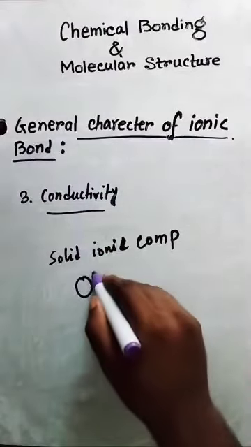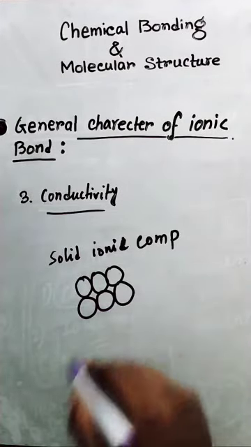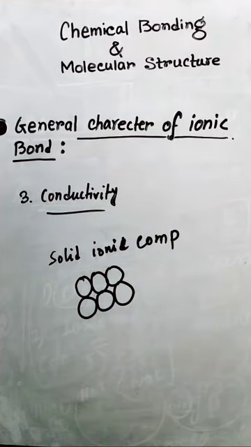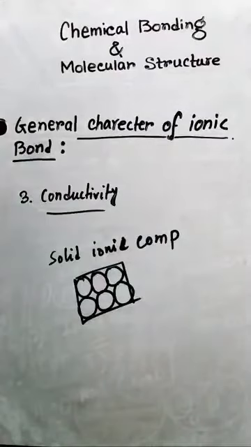In the solid, they are very strongly attracted to each other and have a rigid structure. So solid ionic compounds cannot conduct electricity.